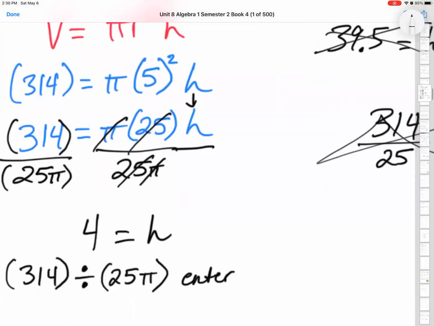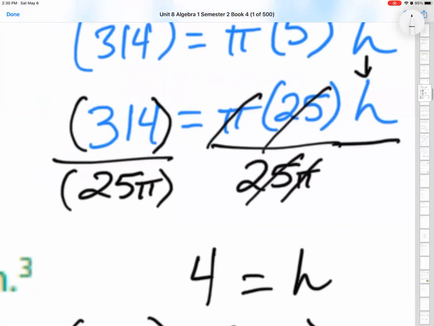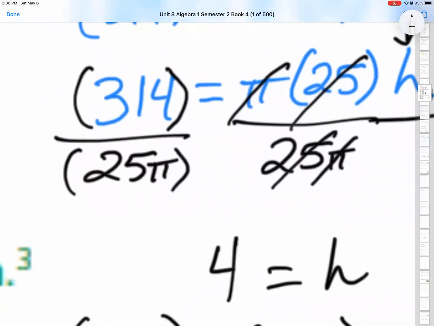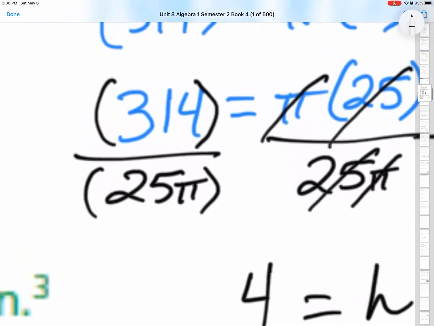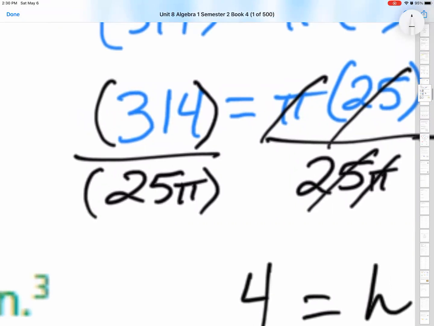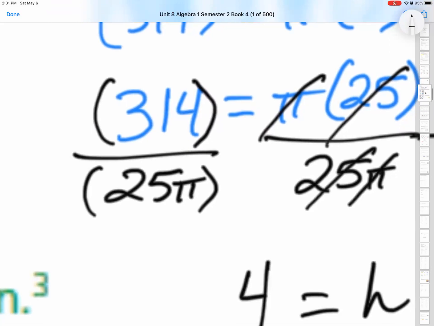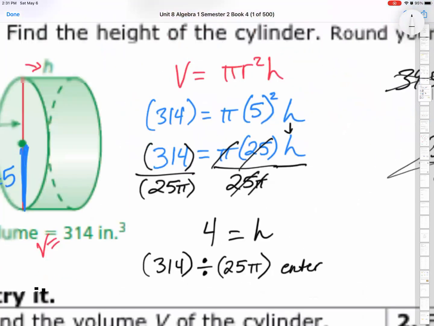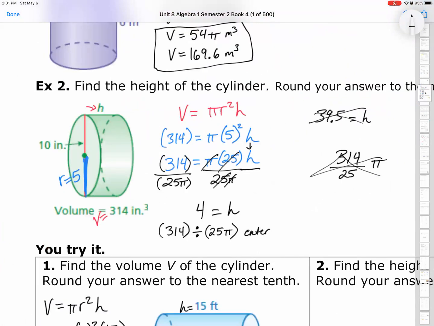And so that's why pretty much, guys, in all of math, see that numerator 314, that's in a parenthesis, divided by, again, opening up a set with a parenthesis, 25 pi. All of math, use parentheses. It will save you, trust me, it will save you so many points, okay? So now that we know the correct value, our height is 4 inches. Go ahead, feel free to pause the video if you have any questions.